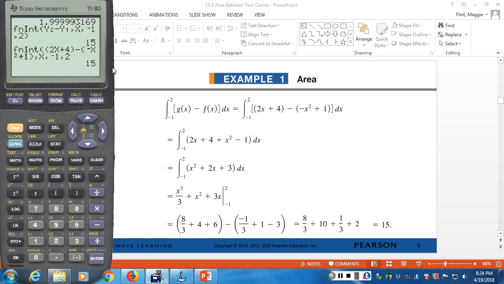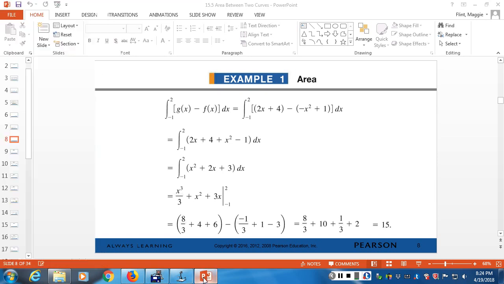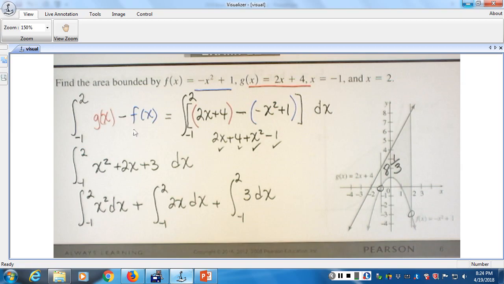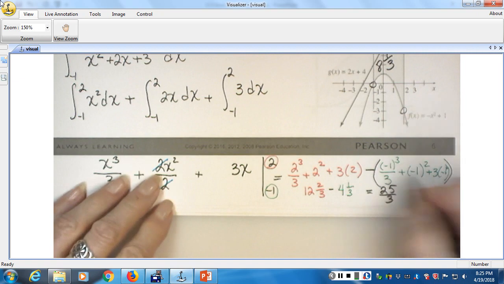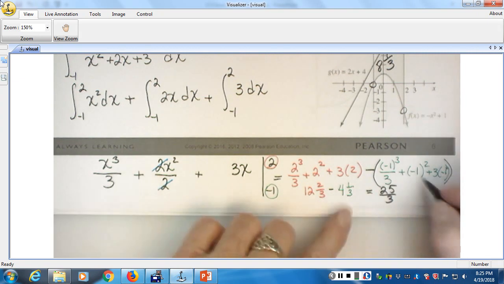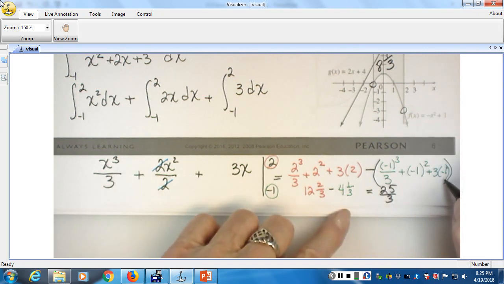And I still don't know what I did wrong when I got the answers I got. Oh, yes, I do. I just saw it. What I did wrong is this actually does come out to be negative. This area comes out to be negative.